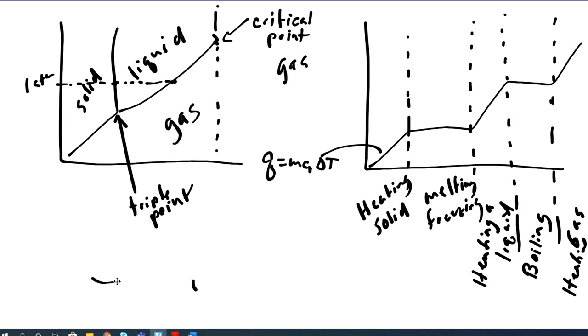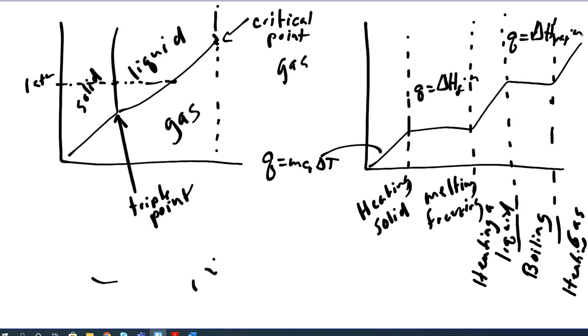Remember this one, I'm not going to have a change in temperature, so if I tried to use this equation on the flat area, I would get 0 every time. So instead for this area right here, we just go Q is equal to delta H of fusion times the mass. For here it would be Q is equal to delta H of vaporization times the mass. So we actually have different Qs.